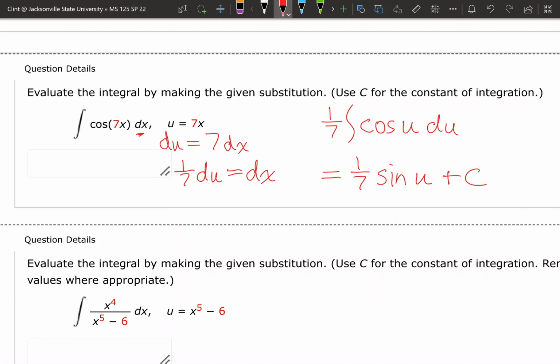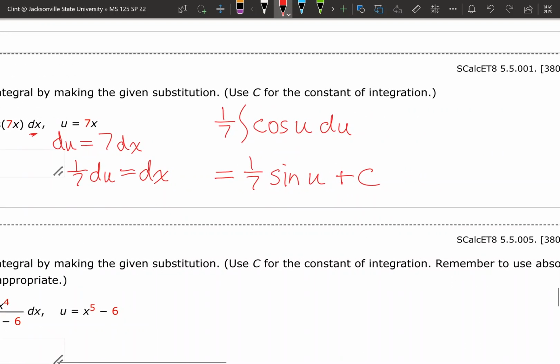And then what's next? Yeah, undo our substitution. So we'll have 1/7 sine of 7x plus c.